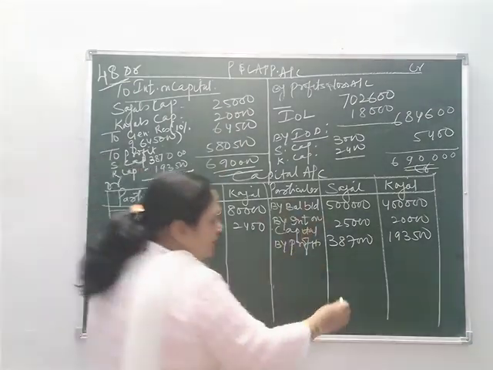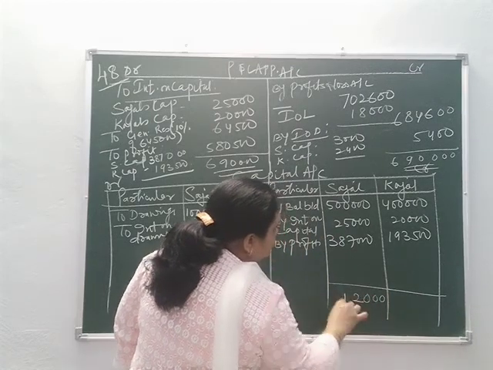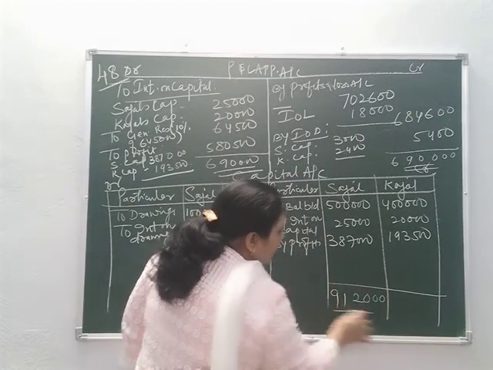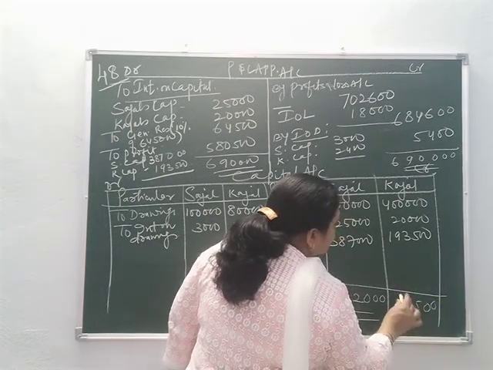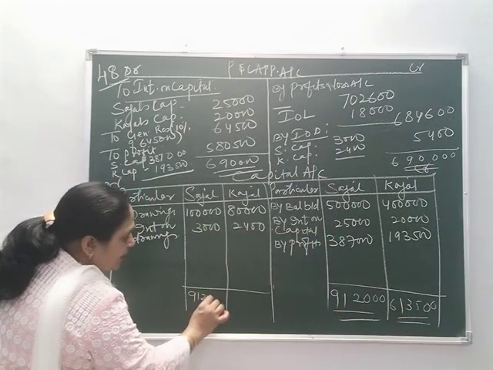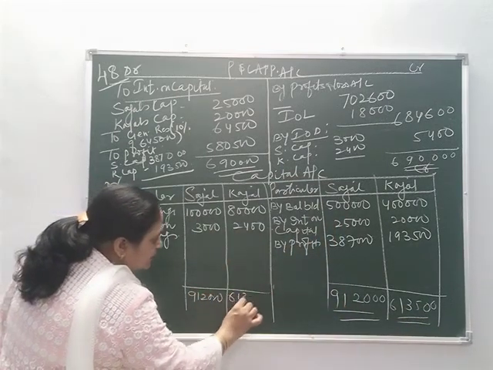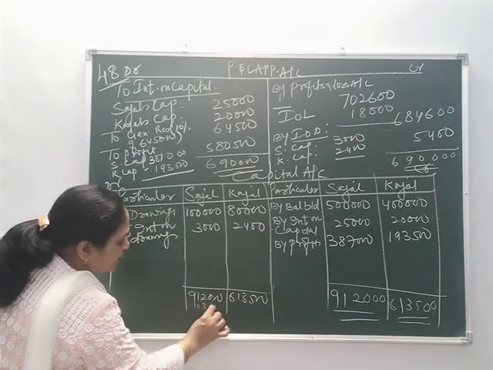Now you will balance these two accounts. 9,12,000, 6,13,500. 9,12,000, 6,13,500. Subtract this, 1,03,000.